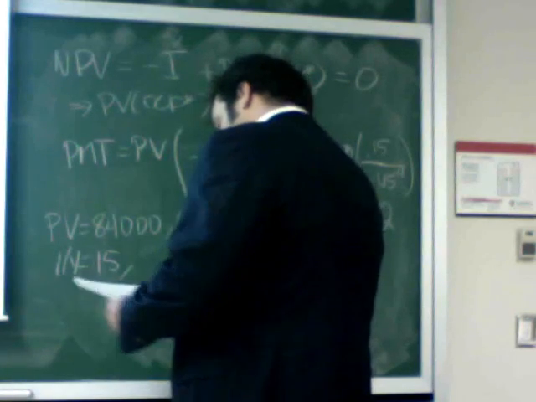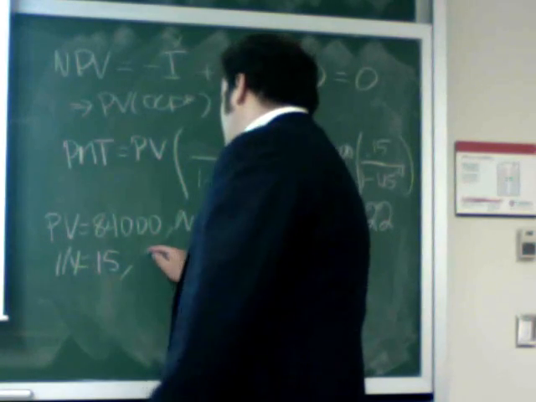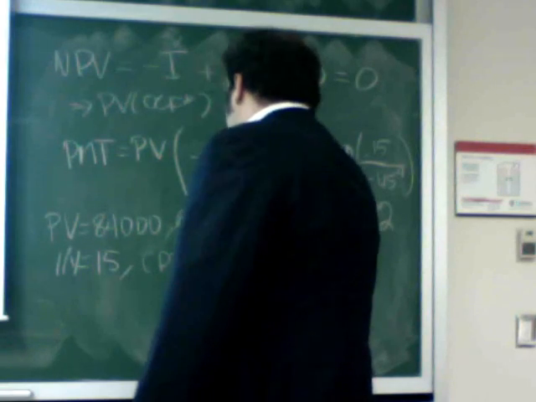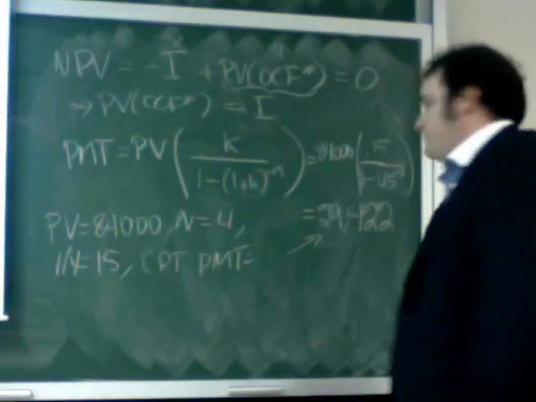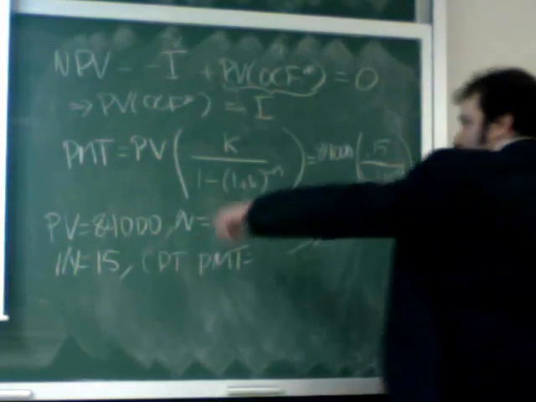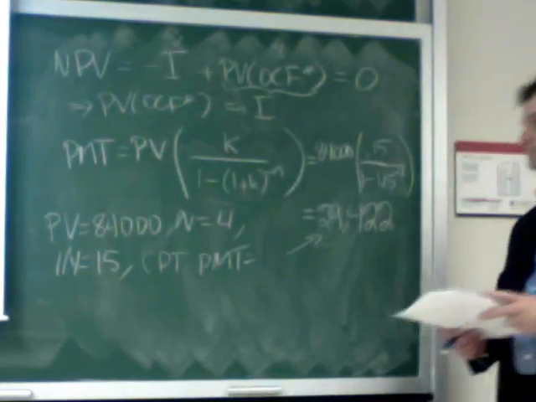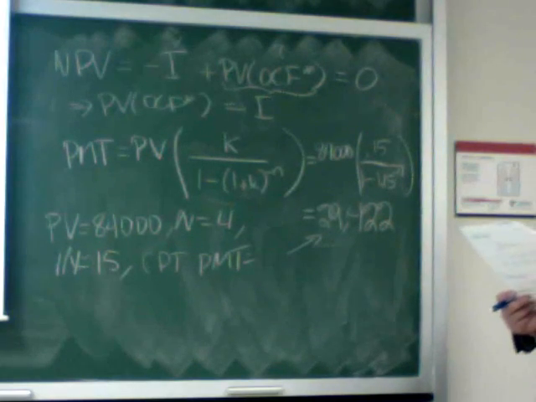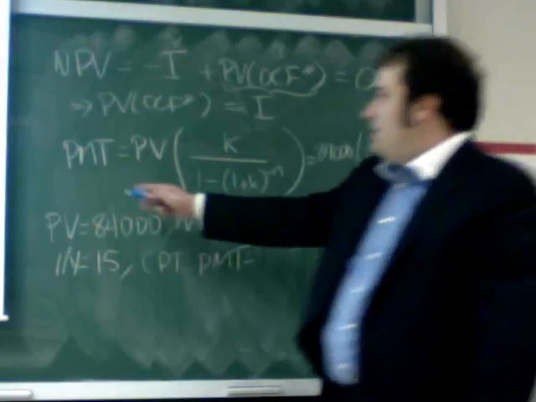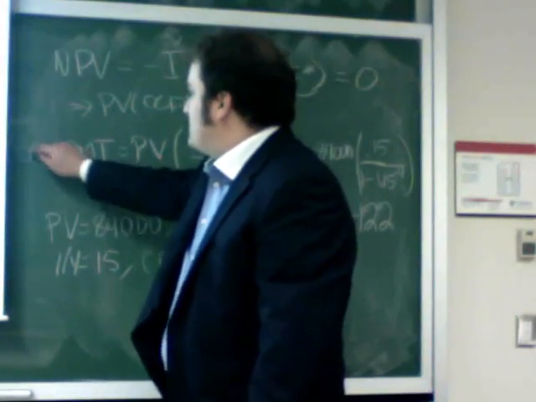Then compute payment. You would still end up with the same thing. That's actually the formula that the calculator is using. Okay, so now, remember that payment is what the OCF star is.